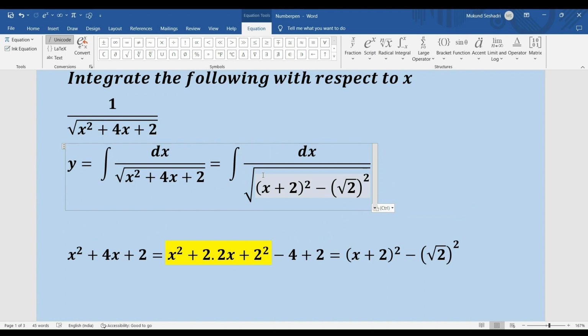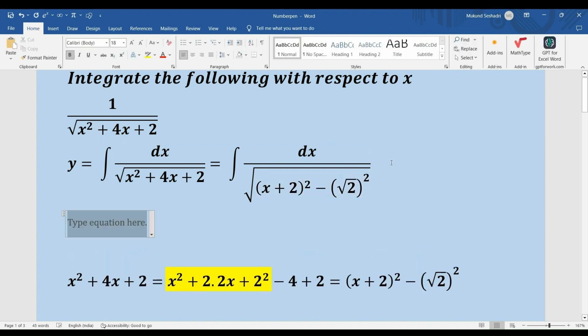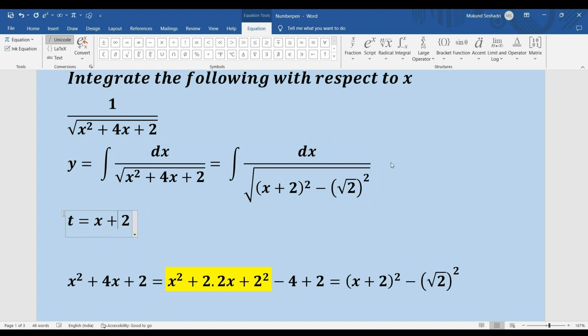Now I'm going to do two things out here. One is I'm going to make the first substitution t equals x plus 2, because I'm going to bring it to the format dt by square root of t square minus a square, right? And you're going to be able to do that pretty easily with this particular substitution. Dt equals dx, because my t equals x plus 2.